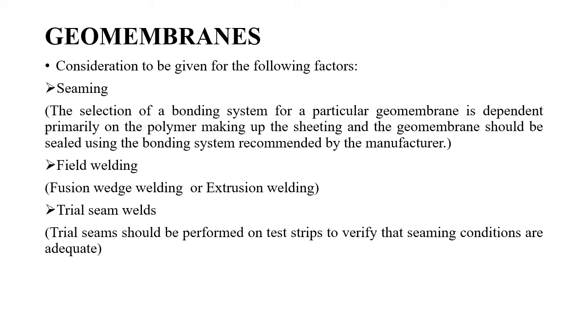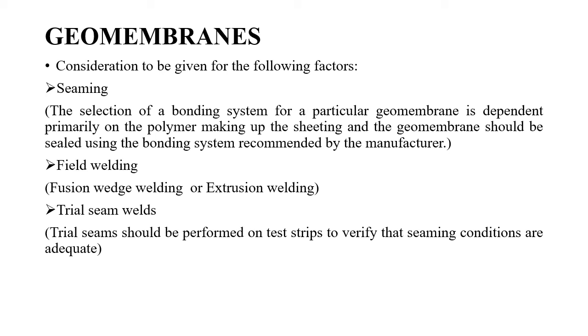Another way of welding or bonding the two sheets at the site is by means of extrusion welding. Extrusion welding is carried out where fusion welding is impractical. For extrusion welding, the overlapped sheets are first tack welded, and then the liner surface area to be welded is abraded.